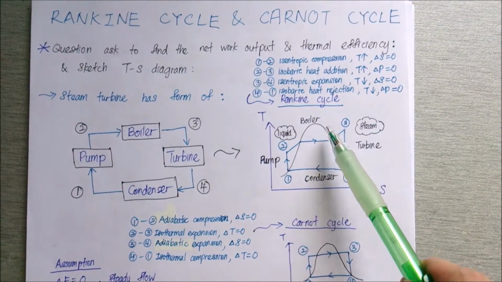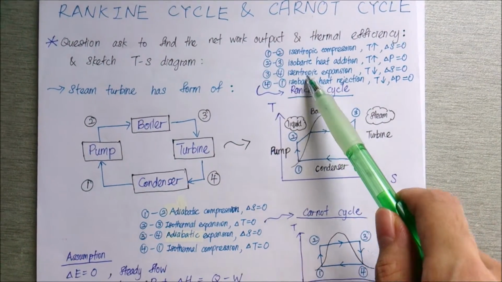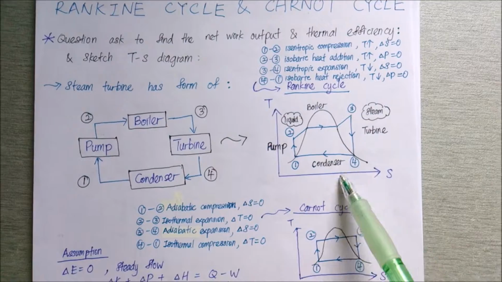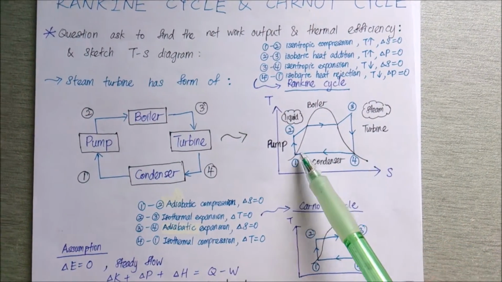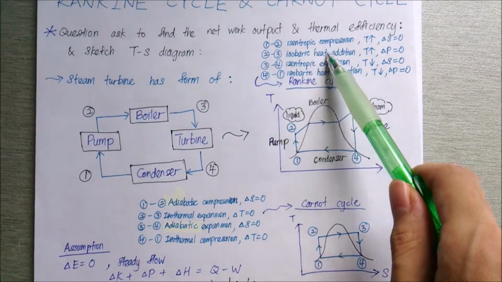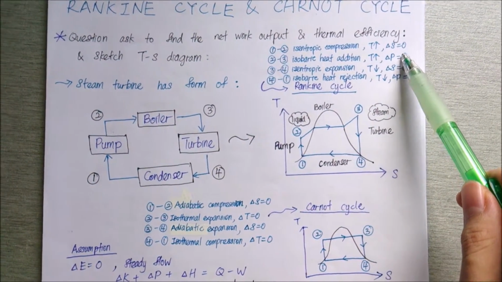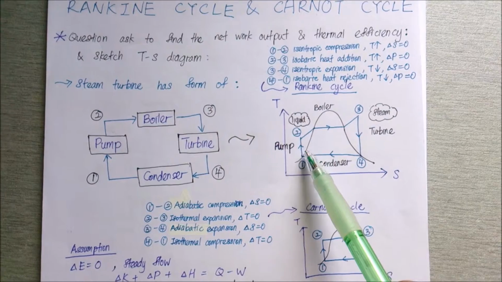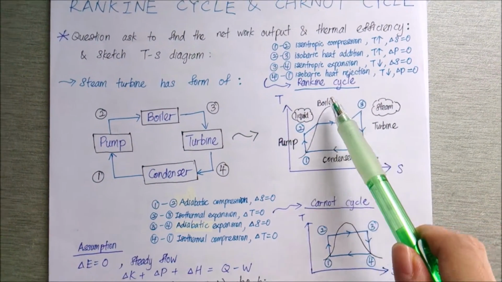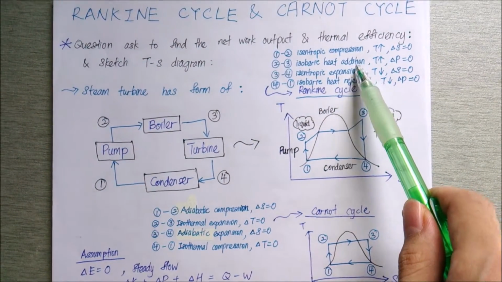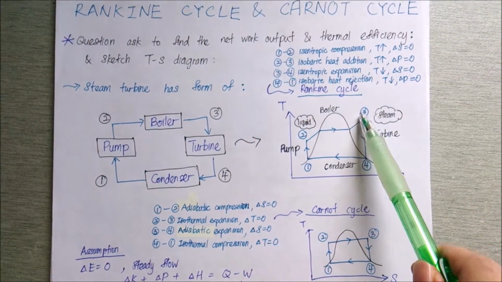If we translate this diagram into the TS diagram, the Rankine cycle typically has this type of cycle. Process 1-2 is an isentropic compression, the change of S is equal to 0, and it is a straight line. Process 2-3 is a constant pressure heat addition, so the pressure is constant, and state 3 becomes a saturated vapor.